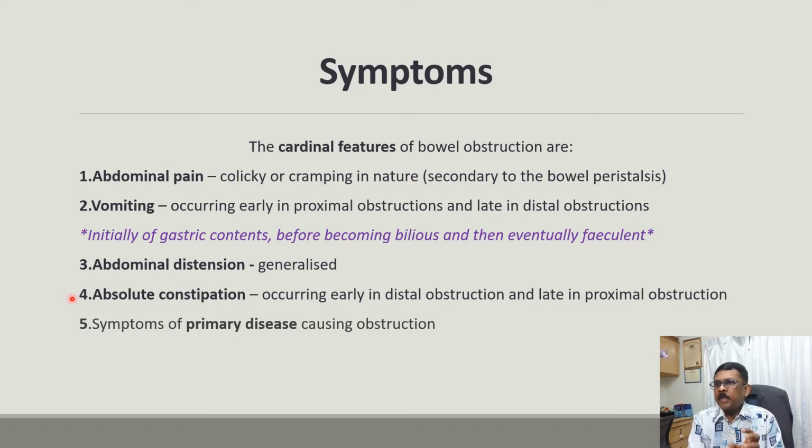Again, it occurs early in distal obstructions and late in proximal obstructions for obvious reasons. And finally, symptoms related to the primary cause of the obstruction. Okay, if the patient has a tumor as the cause of obstruction, then one of the symptoms will be passing blood per rectum.